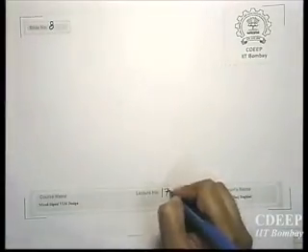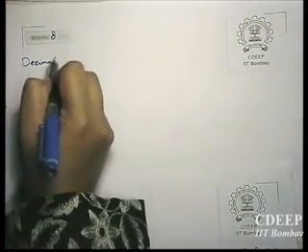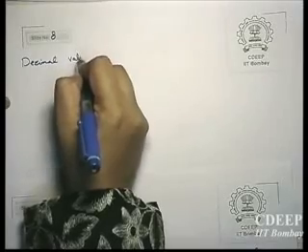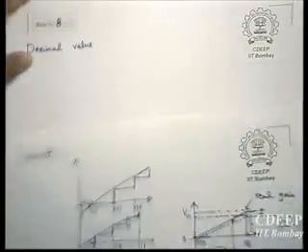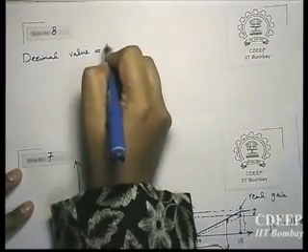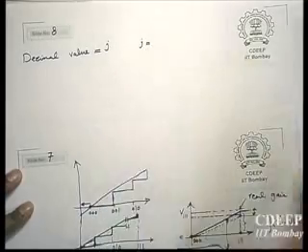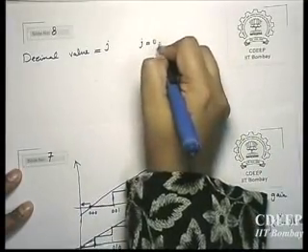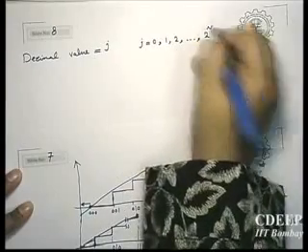So for simplicity, I put that decimal value equal to j. Therefore, j will be, for example, 0, 1, 2 up to 2 to the power n minus 1.